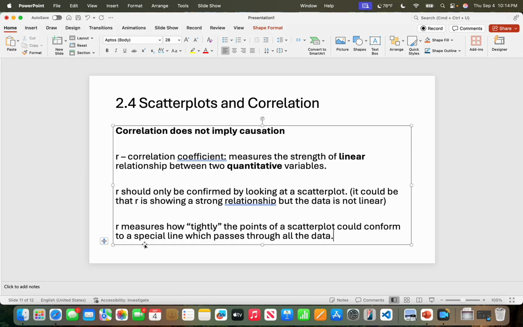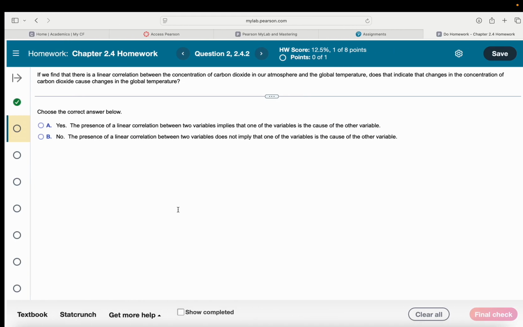All right, we'll talk about that special line in a second. There's a name for it. It's usually called a regression line, or a least squares line, or a line of best fit. Least squares regression line or a line of best fit. But for right now, again, we're not there yet. We'll just call it a special line.